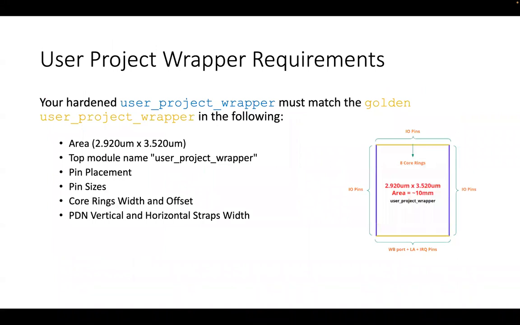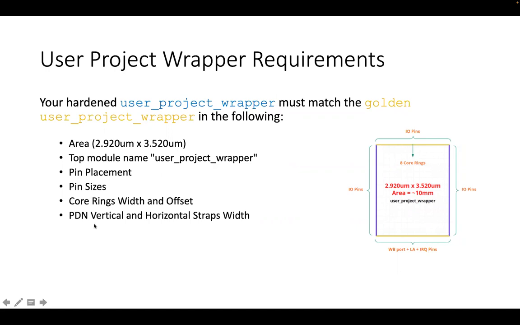But of course, there are some project wrapper requirements to ensure that this process will be successful. Your wrapper must have the area that was mentioned before, which is around 10 millimeter squared. The top module should have the fixed name user_project_wrapper. You should not change the pin placement or pin sizes or core rings width and offset.